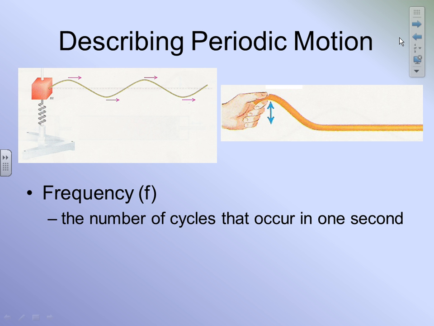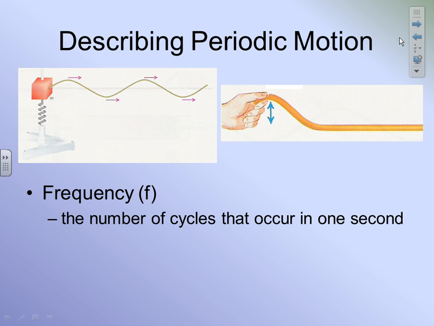Period is a time measurement. Frequency is a counting measurement. How many cycles occur in 1 second? Here, this pendulum doesn't complete a full cycle in 1 second, so its frequency would be less than 1.